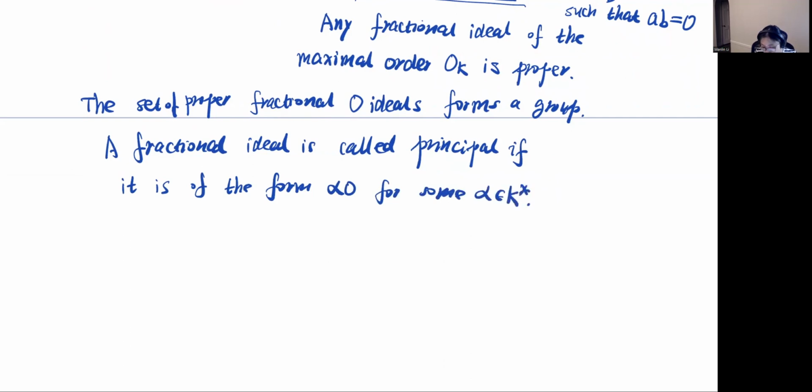If I take the whole ring O and multiply by a non-zero element in K, then it is a fractional ideal, and such a fractional ideal we call principal.